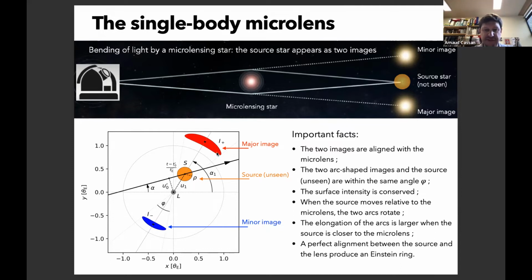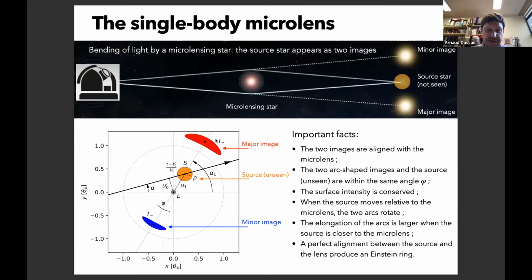The magnification effect comes from the fact that the surface brightness is conserved, which means that if the image had exactly the same surface as the source star, you would receive exactly the same flux. But as the two images in total have a higher surface than the source, this is where you get more flux, and this is where you get the magnification effect.